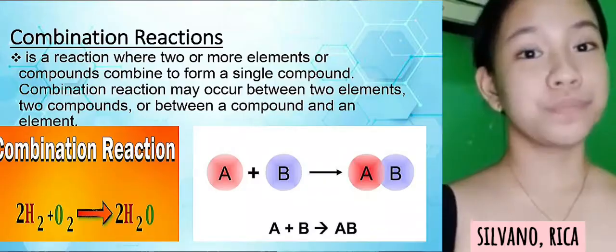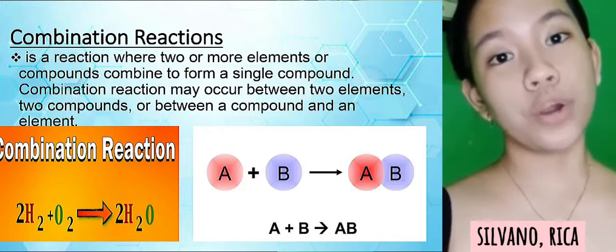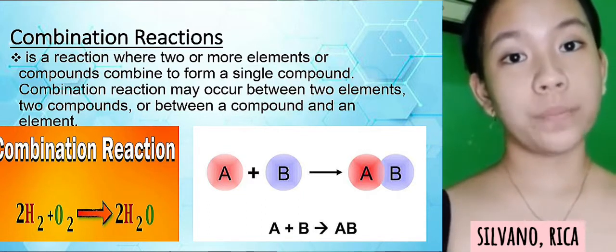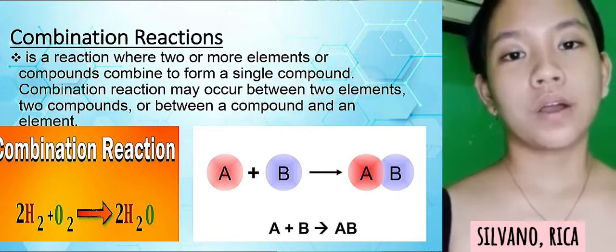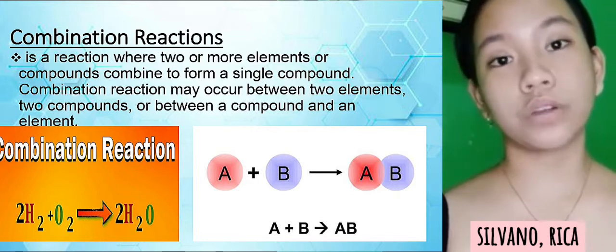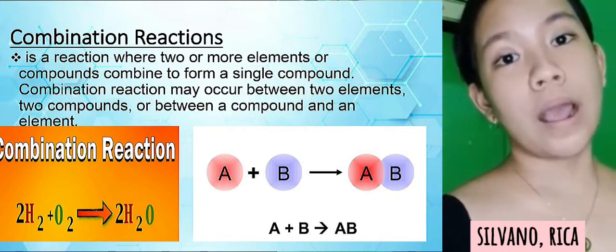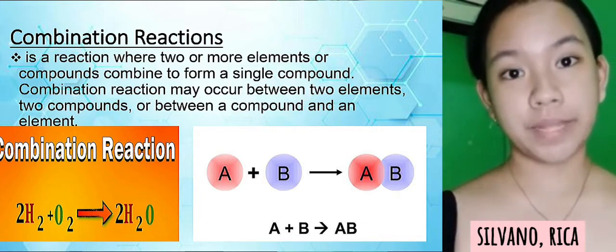First, we have combination reactions. It is a reaction where 2 or more elements or compounds combine to form a single compound or product. A combination reaction may occur between 2 elements, 2 compounds, or between a compound and an element.